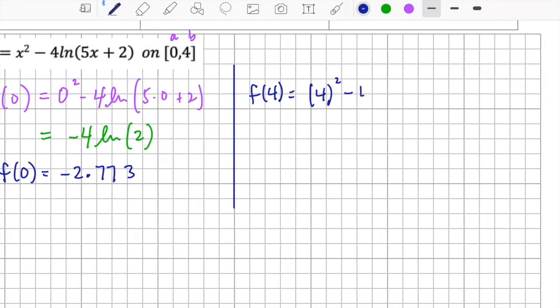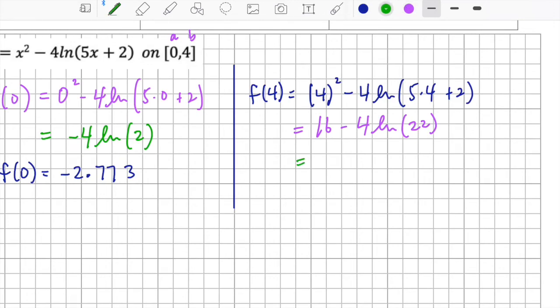Now we want to evaluate what is f of b, meaning what is f of 4. So let's plug it in. So it'll be 4 squared minus 4 natural log 5 times 4 plus 2. So this will give me 16 minus 4 natural log. Inside the natural log, we have 5 times 4, which is 20, plus 2 is 22.